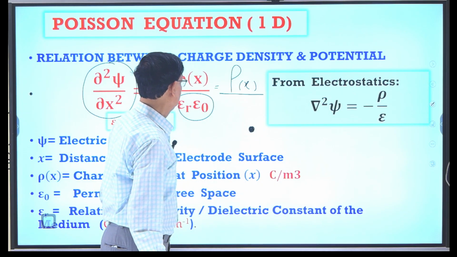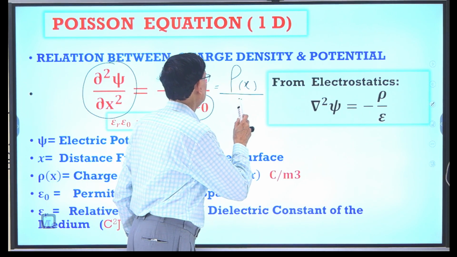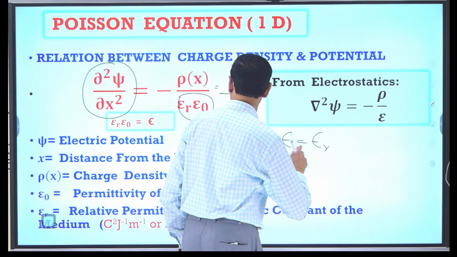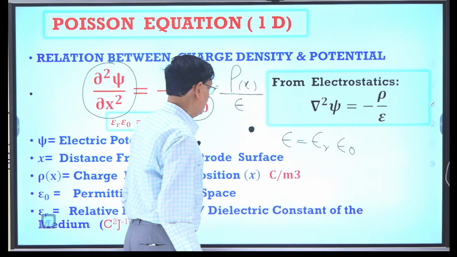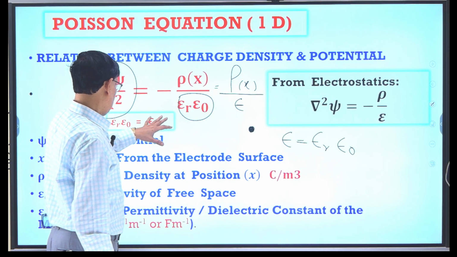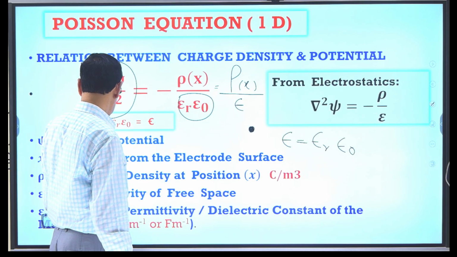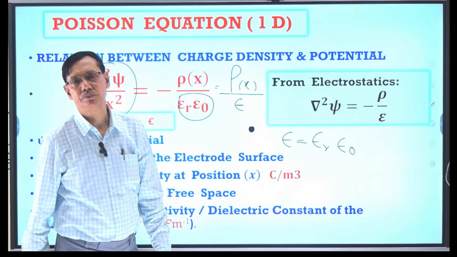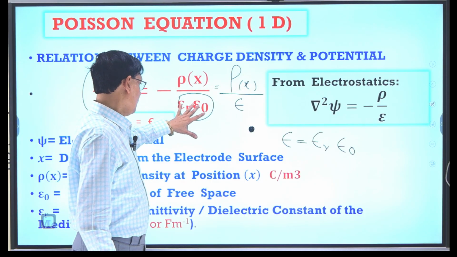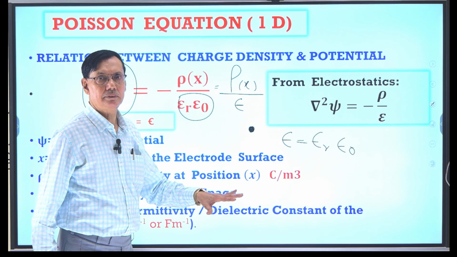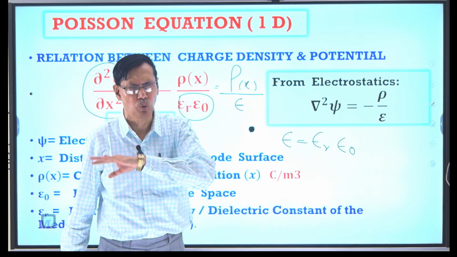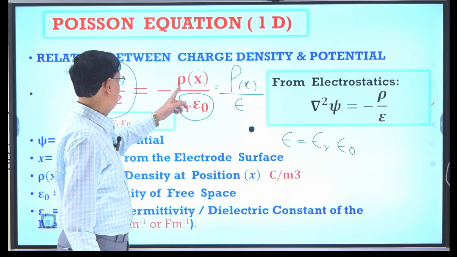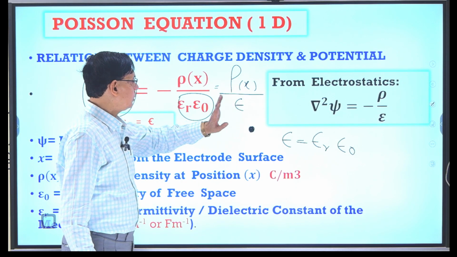For mathematical simplicity, I can use only epsilon, and that epsilon is equal to epsilon r epsilon 0. Now epsilon r is the actual relative permittivity or dielectric constant of that medium, because you dissolve some electrolytes, and epsilon 0 is the permittivity of free space, and I have forgotten the value, which is very low, 10 to the power minus 12 like that. तो अगर आप डेरिवेशन में पॉइजन इक्वेशन में रो इप्सिलॉन भी लिखेंगे तो कोई प्रॉब्लम नहीं है.